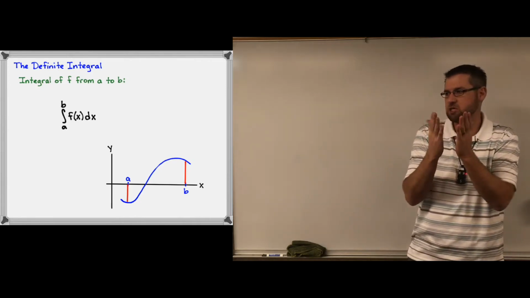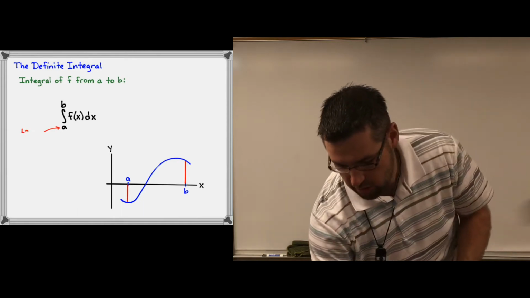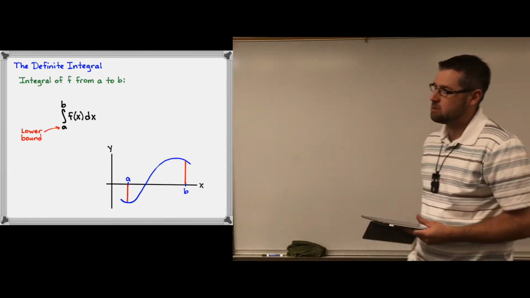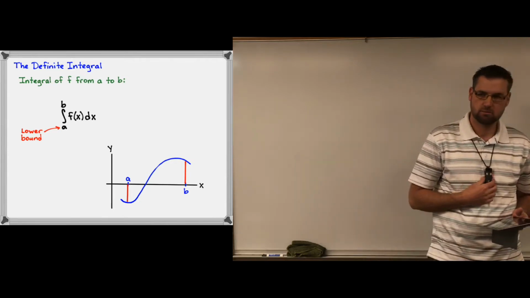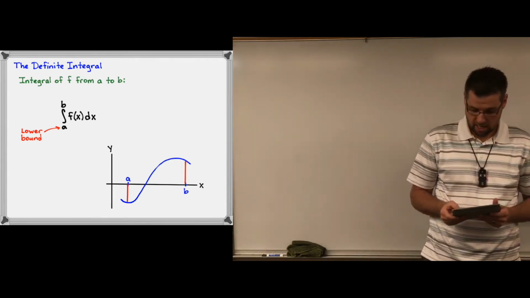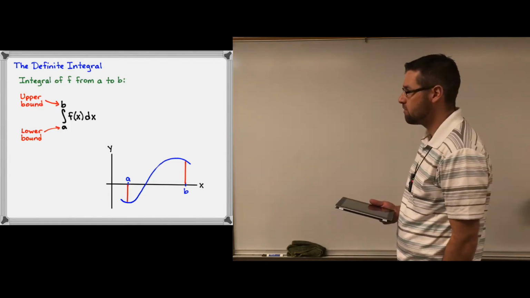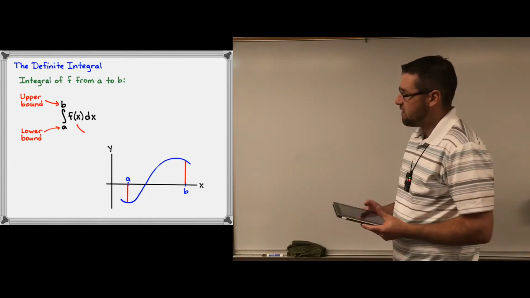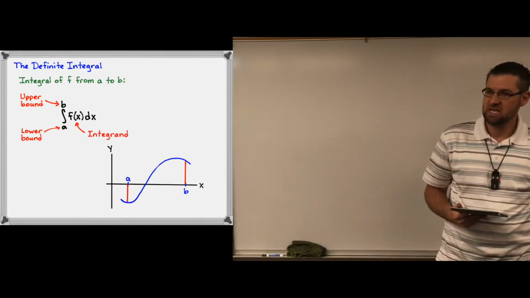The small change, which is technically, well, hypothetically 0, right? So here are the terms we're going to use. A is the lower bound. That makes sense because it's on the bottom, right? Yes? Okay. And b is the upper bound. And that makes sense because it's on top. F of x is called the integrand. The integrand.